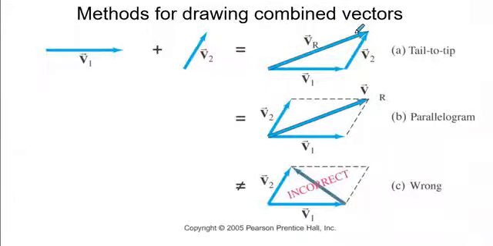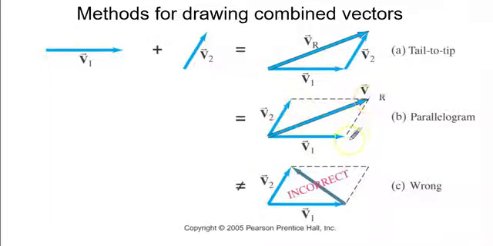There's two different ways we can do it. This is called tip to tail, because notice we're putting the tip of this vector together with the tail, the end of this vector. I can also take the exact same two vectors. Notice this is the same length and direction as this, right? And I can put them tail to tail. So I can just put their ends together like this. And the result would be whatever is in the middle.